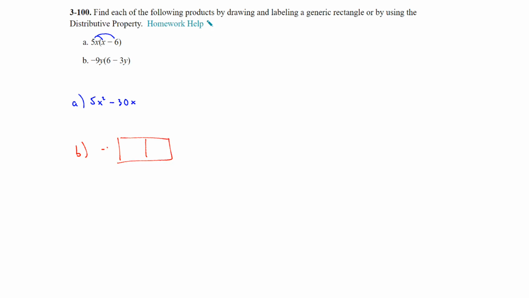We have negative 9y times 6 minus 3y. So negative 9y times 6 is negative 54y. Negative 9y times negative 3y is a positive 27y squared. So B is negative 54y plus 27y squared. And then eventually we'll start rewriting these so that the first term has the highest exponent, 27y squared minus 54y.